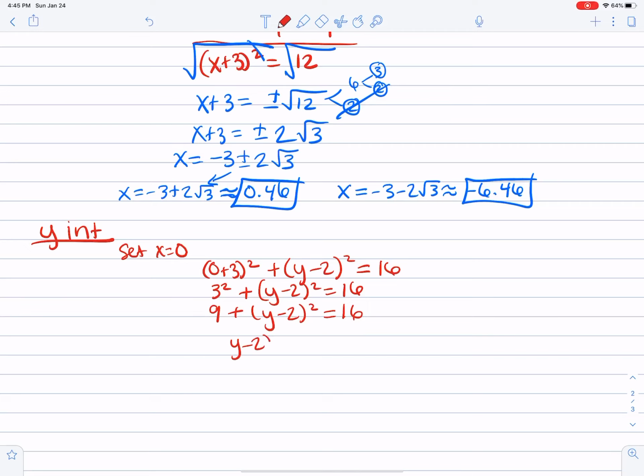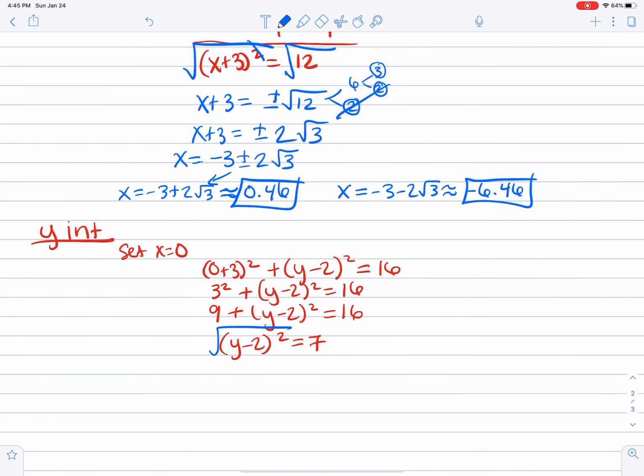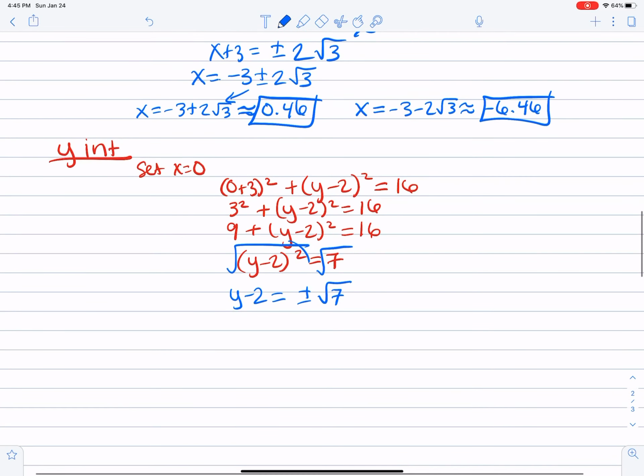Subtract that 9. And then this is where you're going to take that square root to get rid of it over here. And remember your positive or negative value of the square root of 7. 7 doesn't break down, so we're going to leave it like that. So y equals 2 plus or minus the square root of 7.